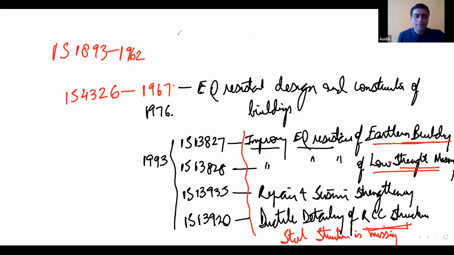Then in the year, which year this 13920 again got revised? So 13920 got revised again in 2016. And there were again wholesome changes made into this code.